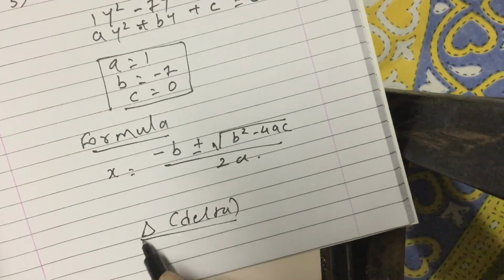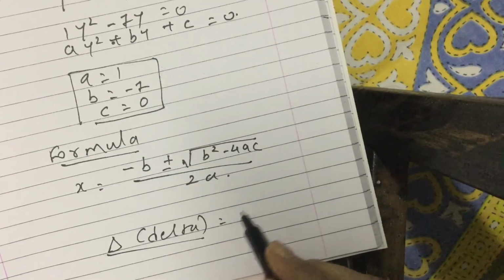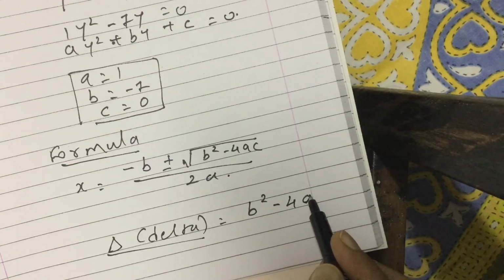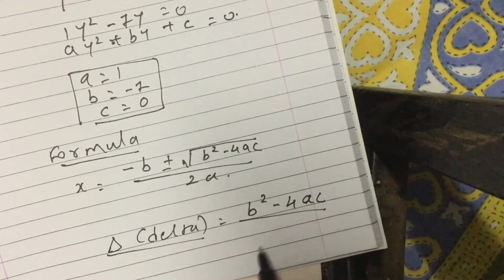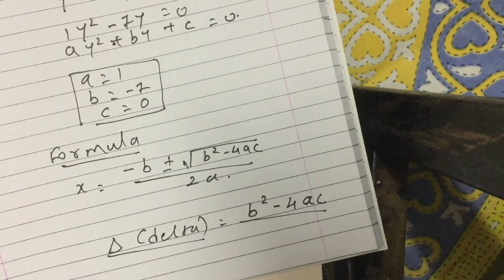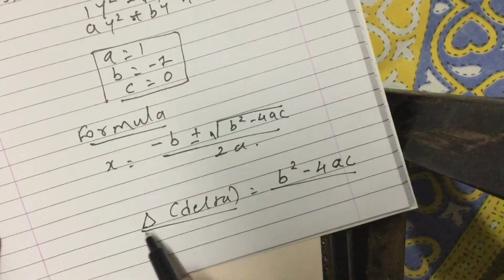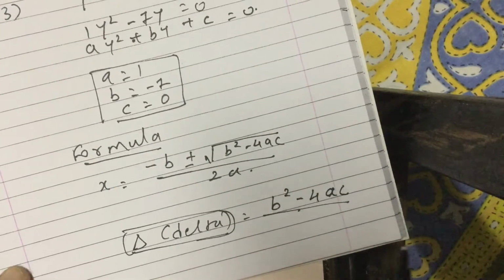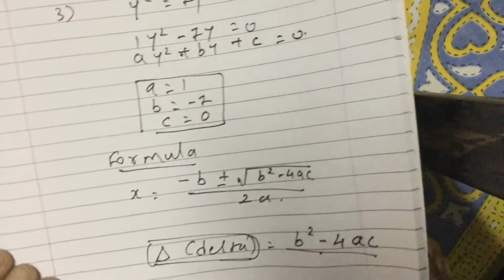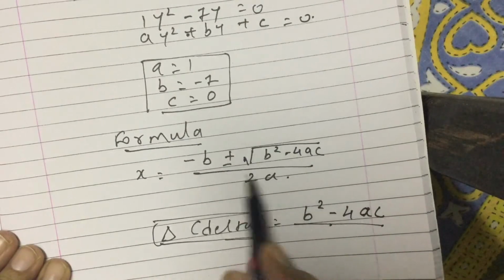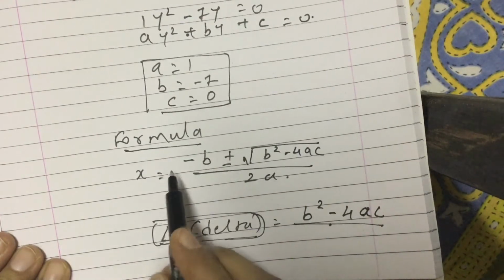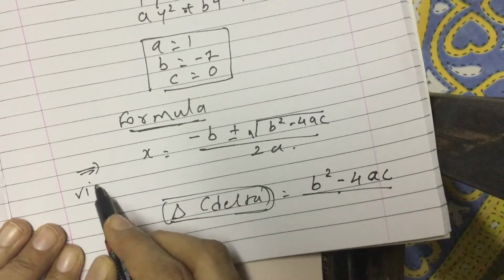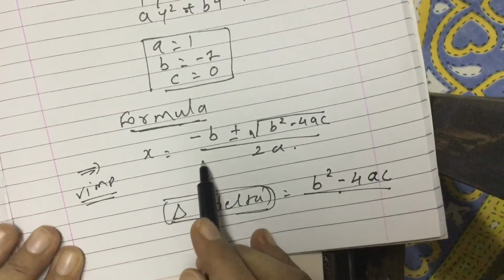Delta means the value of b square minus 4ac. So first I find the value of delta and put this value here, so you will make less mistakes in this solution and it will be easy for you. So remember this formula, very important. You have to memorize this.